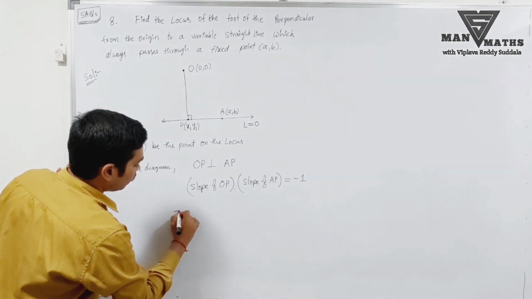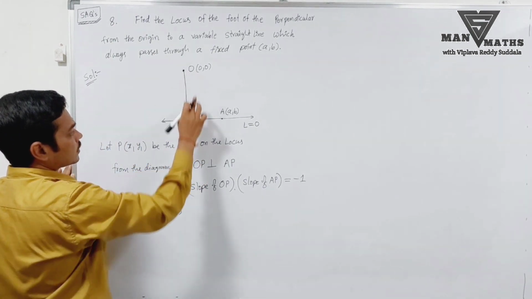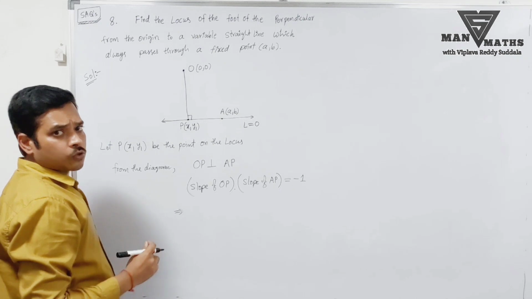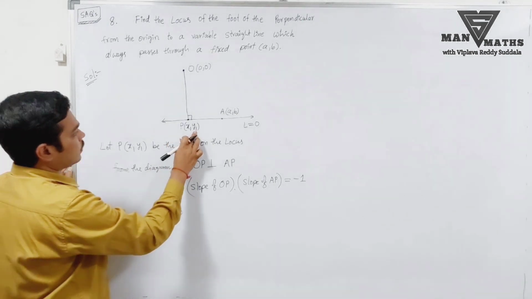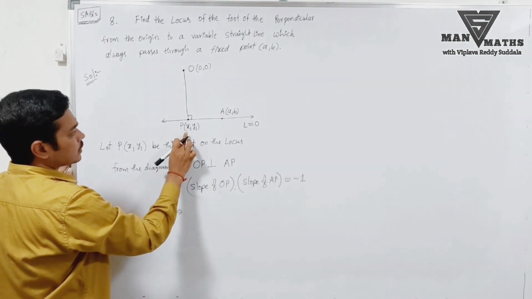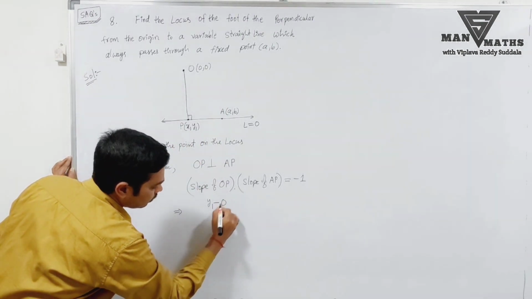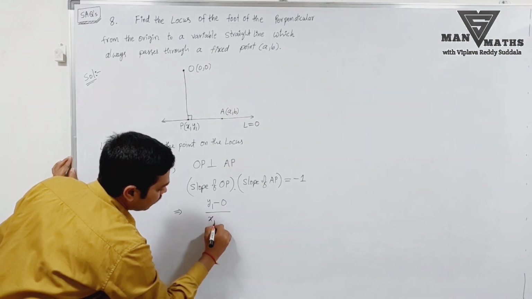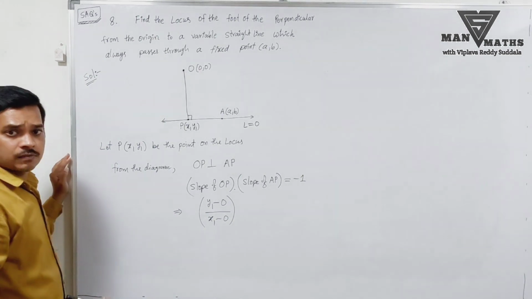What is the slope of OP? This is the first point, this is the second point. Slope formula: (y2 minus y1) by (x2 minus x1). Applying the formula, that is (y1 minus 0) by (x1 minus 0).